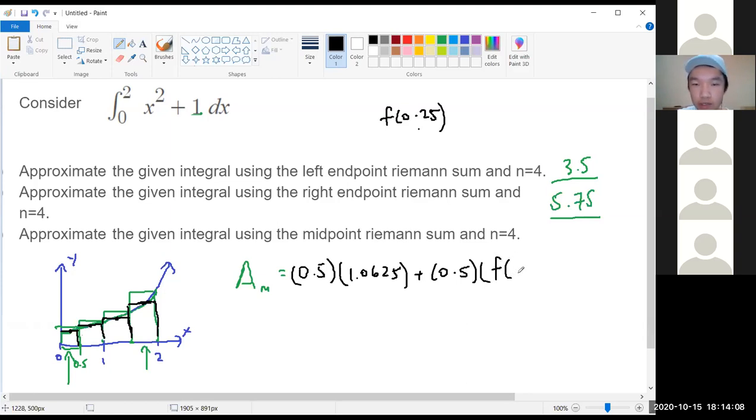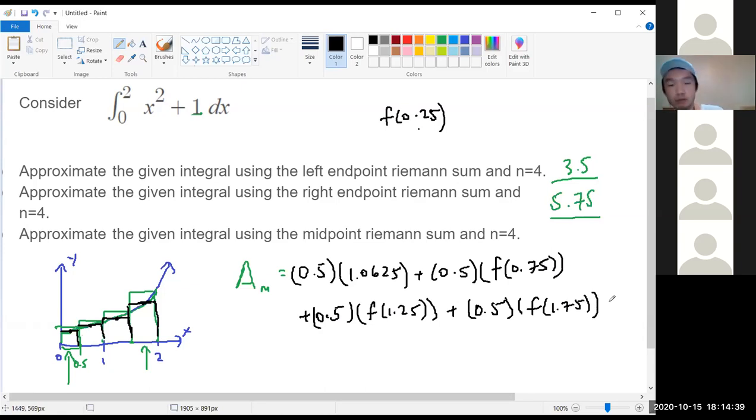Yeah, I mean, you guys should be okay with this. I'm just going to write what the x values are because I don't feel like plugging all of them in. So this is f of 0.75. And then the third rectangle would be f of 1.25. And then the last rectangle, f of 1.75. Okay, and whatever this is will give you the estimate.